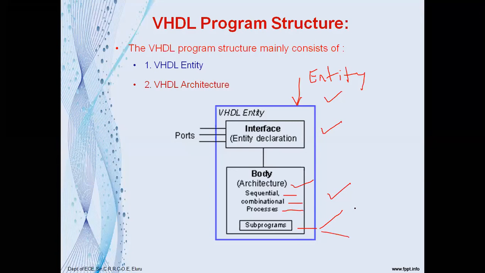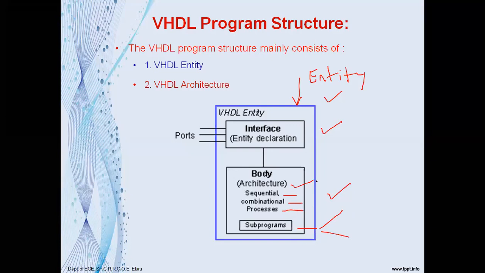Subprograms in VHDL are of two types: one is functions, second is procedures. There is a small difference between functions and procedures. Whenever we say subprograms in VHDL, it refers to procedures and functions.